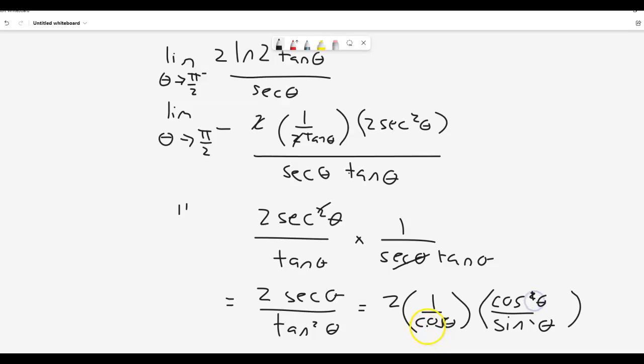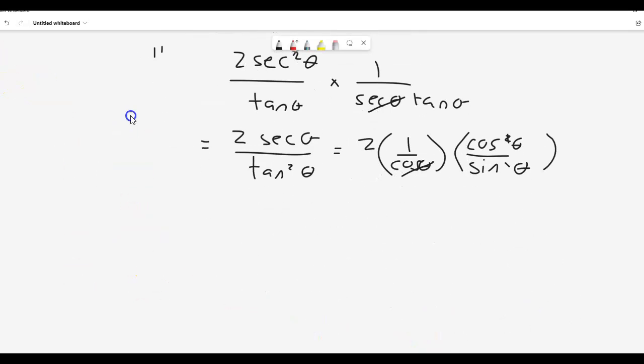So that's going to cancel out with that, and we should finally be left with something that we can work with. This should end up being equal to 2 cosine of theta all over sine squared of theta.